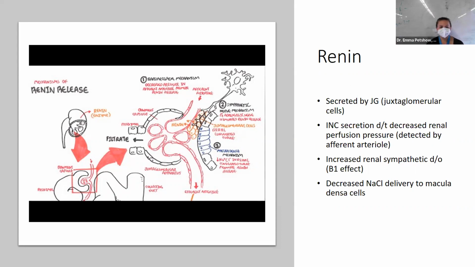So overall, renin release, this massive craziness. Juxtaglomerular cells is the main thing I want you to remember with renin release. You're going to have increased secretion when you have low blood volume. There's a beta-1 adrenergic effect that's associated, and you're going to increase sodium chloride absorption. Therefore, you're going to decrease delivery to macula densa cells. So it's going to go directly into blood.